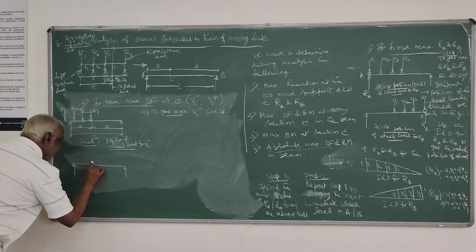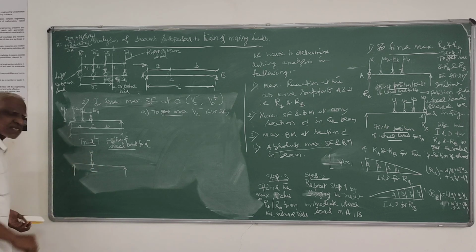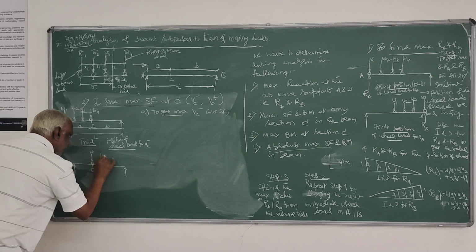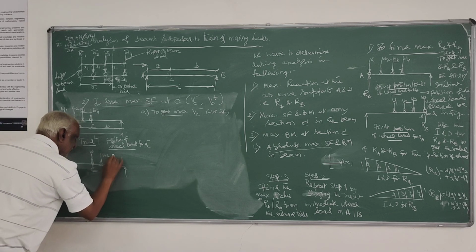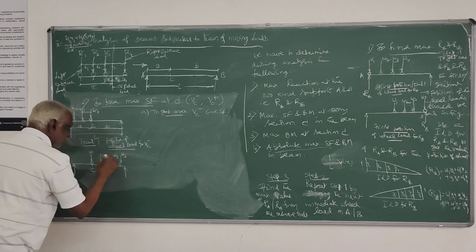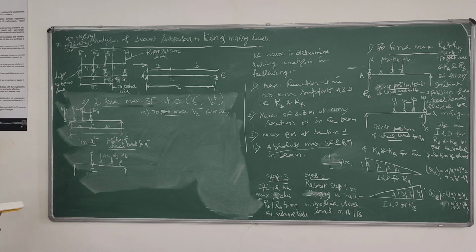So you have to place this left extreme wheel load first at W1, then the others. You have to arrange like this, W3, W4. Same rule: if all the wheel loads come, well and good. Otherwise, don't bother. So you have to place it like that.